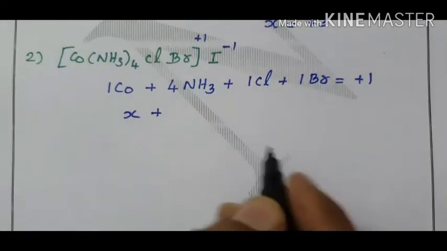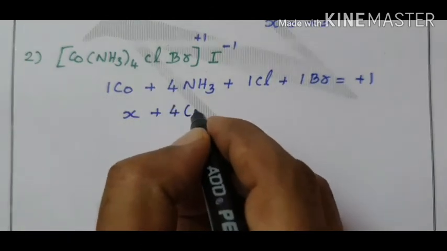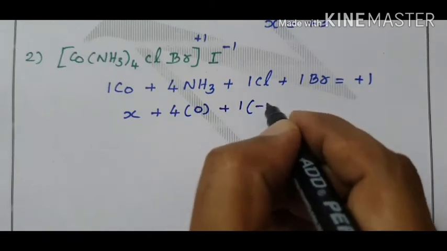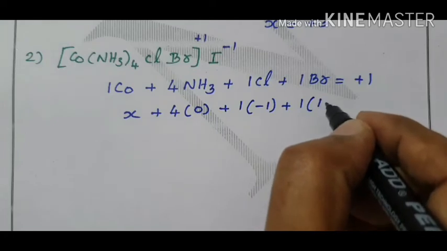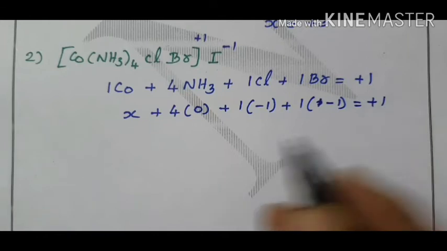Cobalt we have to determine, therefore put it as X. 4 into 0 plus 1 into -1 plus 1 into -1, bromine negative ligand, equal to +1.